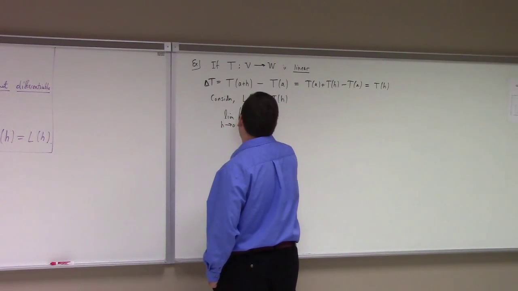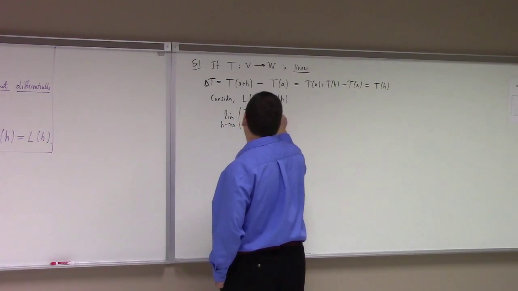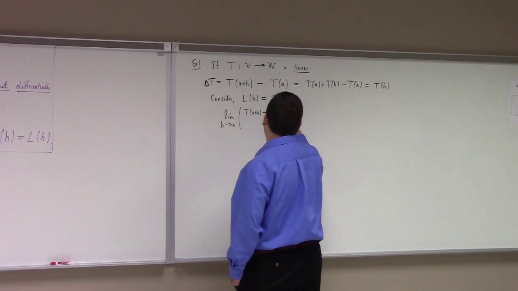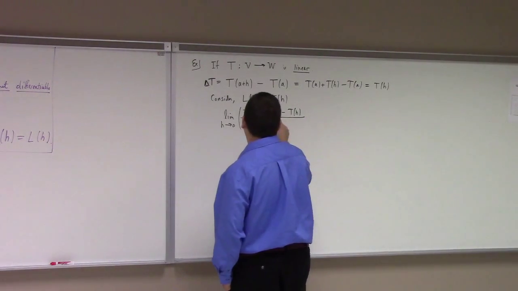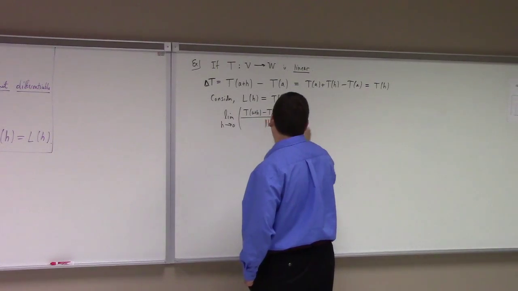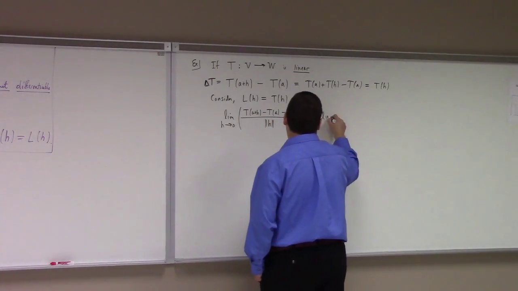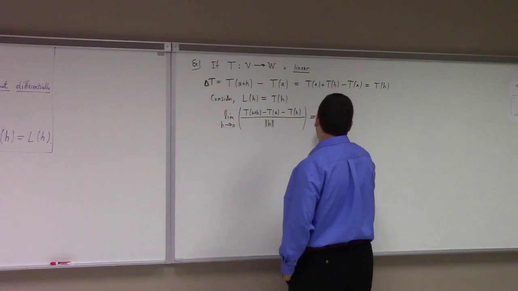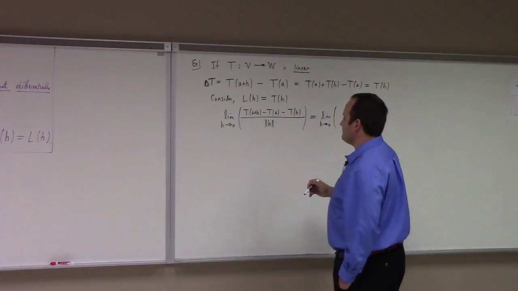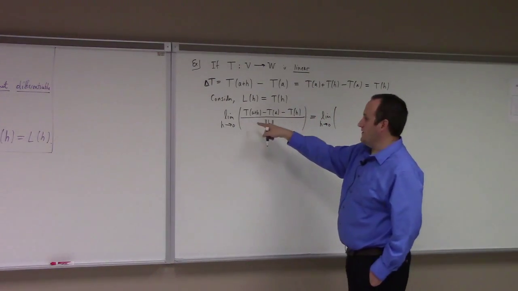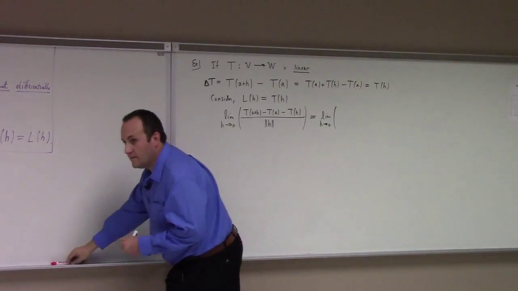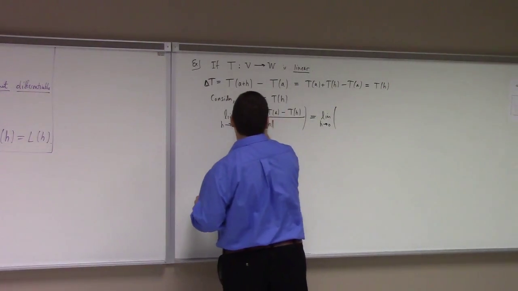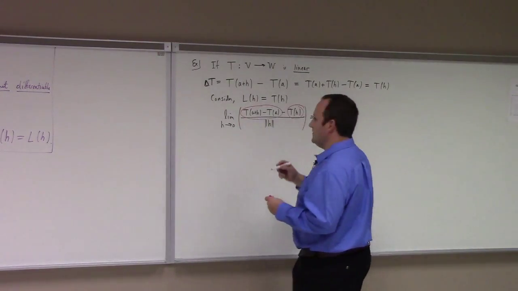So then the limit as h goes to 0 of T of a plus h minus T of a minus L of h, which is T of h, all divided by the norm of h, is equal to what? Well, I have just argued that these two are the same.